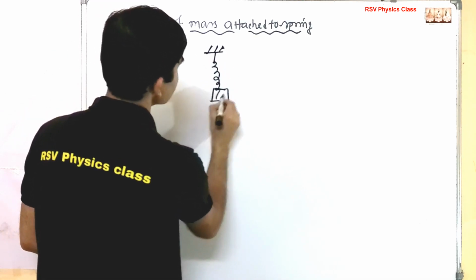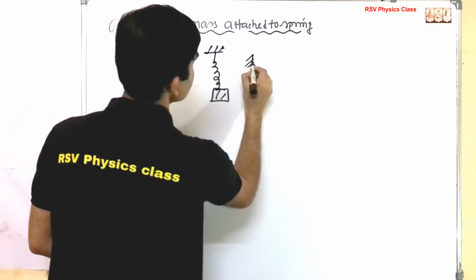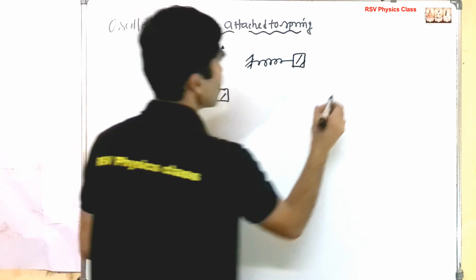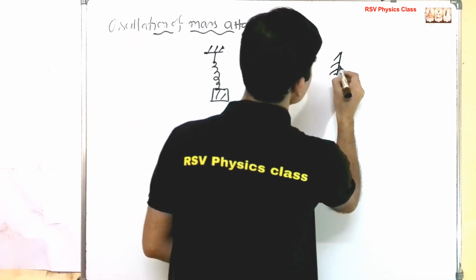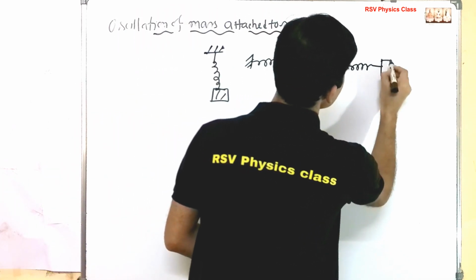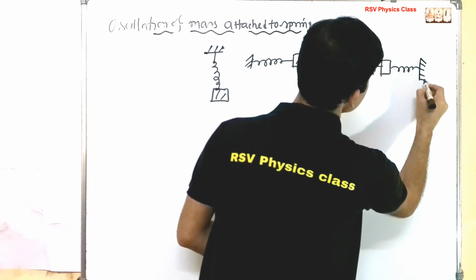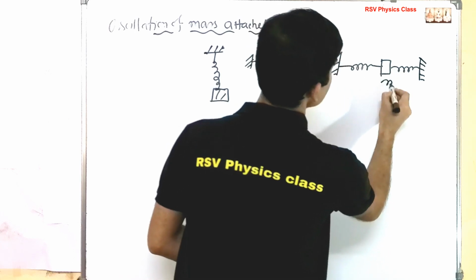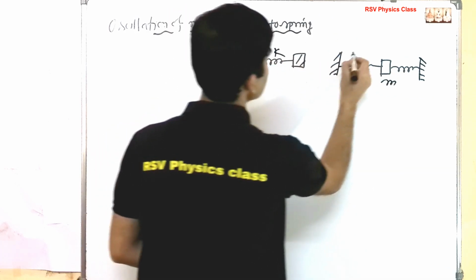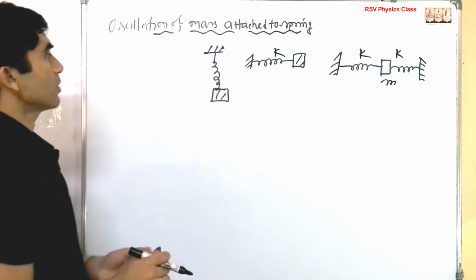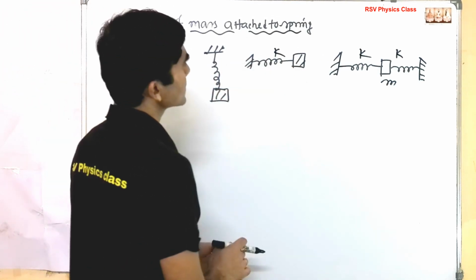Here mass is attached, and this is the horizontal direction. Here mass is attached, and in another system there is a spring and another spring. There is a rigid wall. So this is mass m, and the spring constant of all is k. Okay, so for horizontal motion let's discuss.